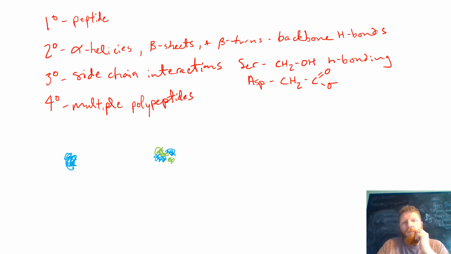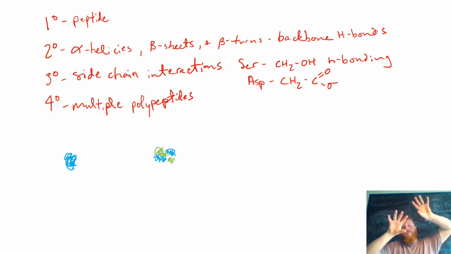Now, that is controlled, again, by those side chain interactions. How do the side chains of one polypeptide interact with the side chains of another polypeptide? How do they contort themselves in space to make an overall 3D structure?